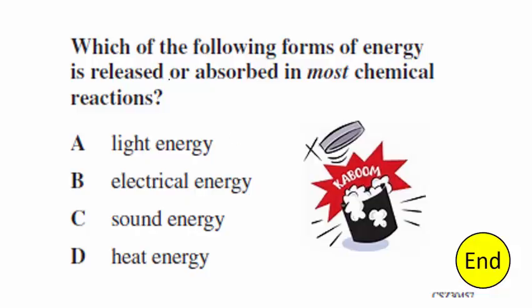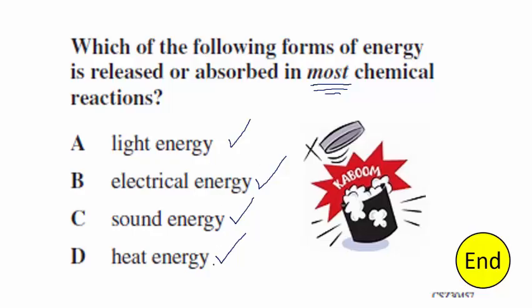Which of the following forms of energy is released or absorbed in most chemical reactions? Here's what I would say. There are chemical reactions that produce light. There are chemical reactions that make electricity. There are chemical reactions that make sound. And there are chemical reactions that make heat. So we could find an individual reaction that does at least one, if not all of these at the same time.